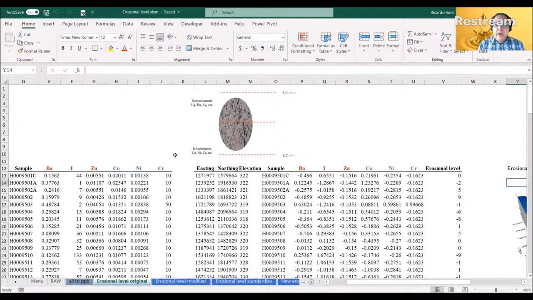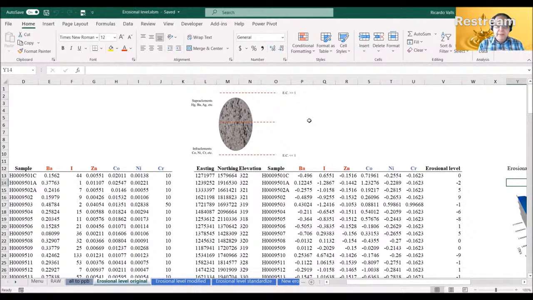So, if you have a coefficient that divides the supraelements by the infraelements, and that coefficient gives you a value larger than 1, that means that the erosional level has not touched yet your deposit. If on the contrary, this coefficient gives you a very low value or negative value, that means that the erosional level is down here, so the deposit has been eroded already.